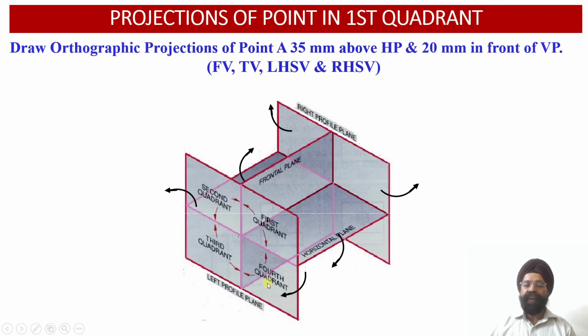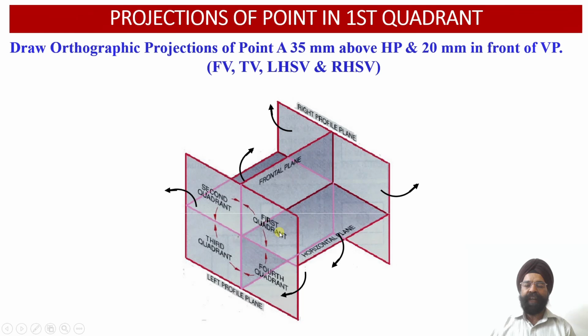Similarly, whatever projections we obtain onto the left profile plane or the right profile plane, these two profile planes are perpendicular to both the horizontal plane and the vertical plane. So we need to carry out the rotation of the projections obtained onto the profile planes in such a way that we are able to obtain all three projections in a single two-dimensional plane.